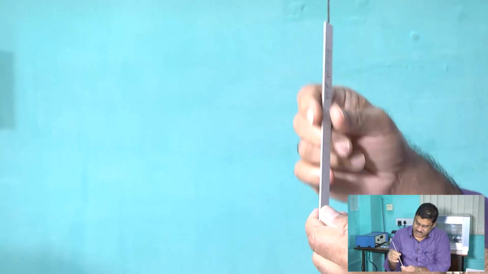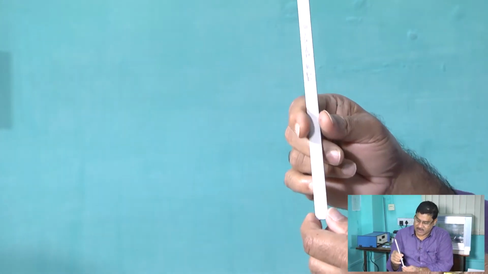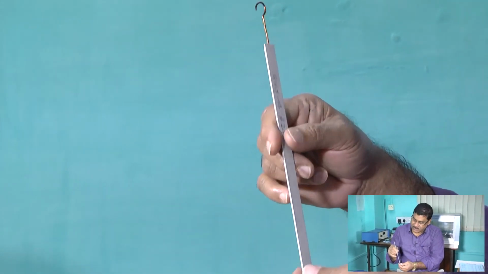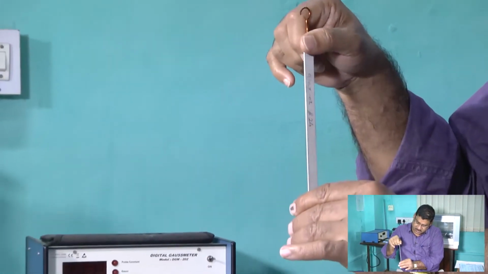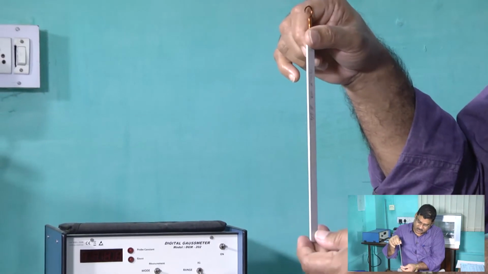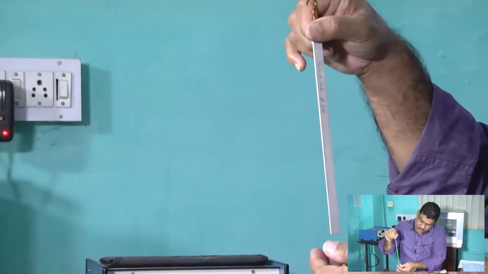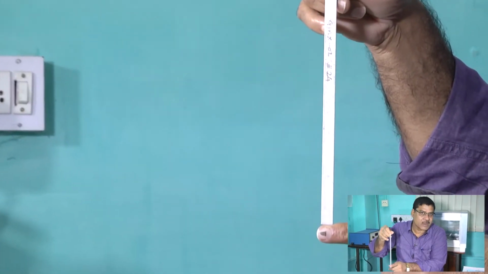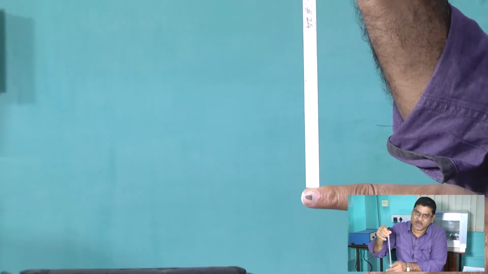Aluminum shows the paramagnetic property. In the Gouy method, we will put this end at the center of the pole pieces of the electromagnet.